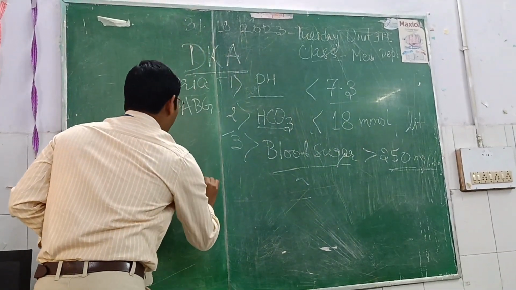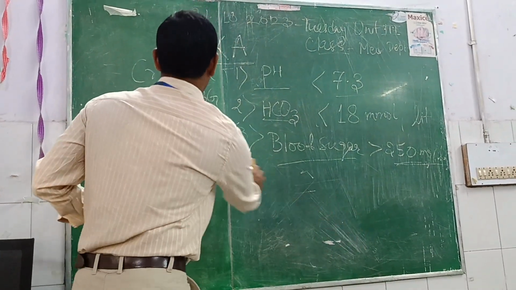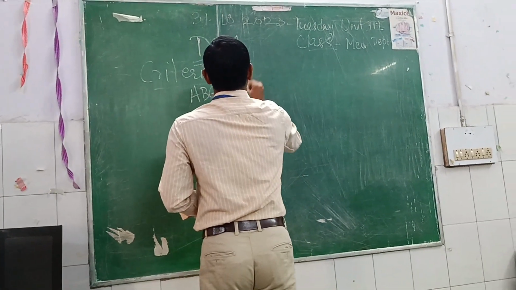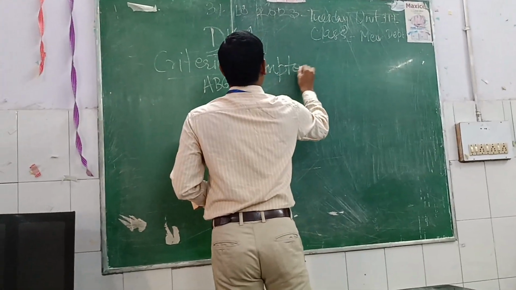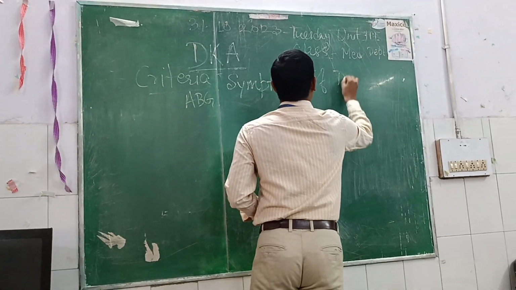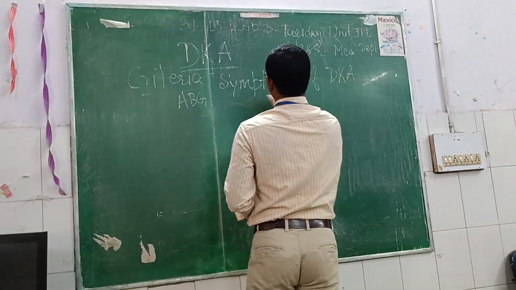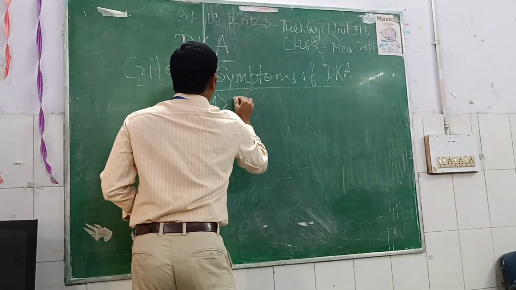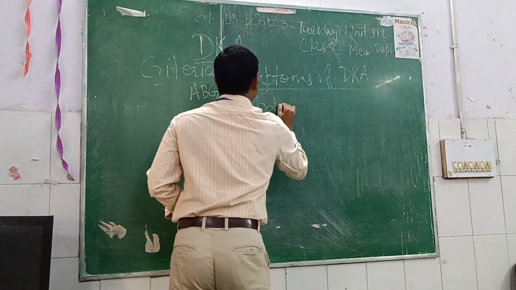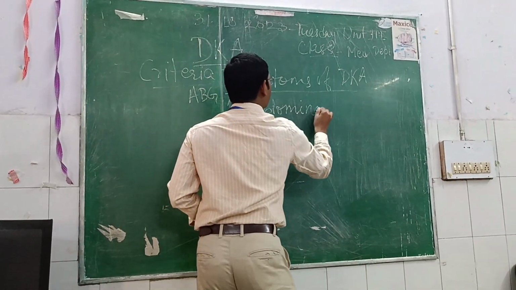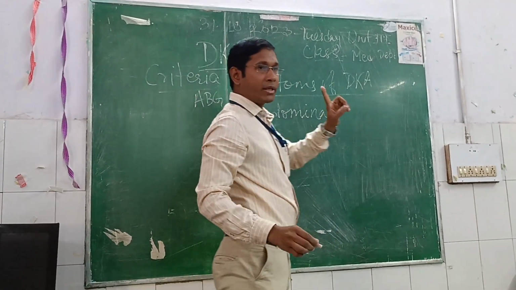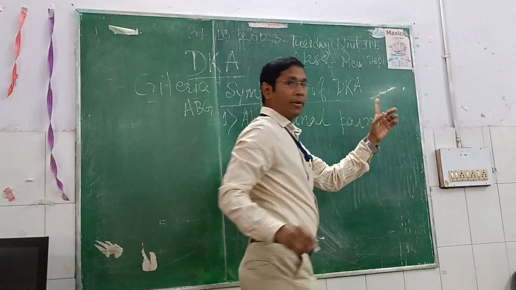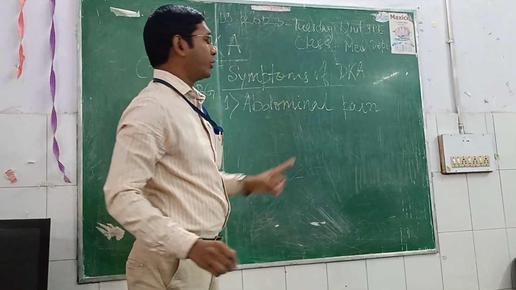Symptoms of DKA. A very important symptom is abdominal pain. A patient of diabetes having sugar more than 250 and complaining of abdominal pain, it might be the symptom of diabetic ketoacidosis.